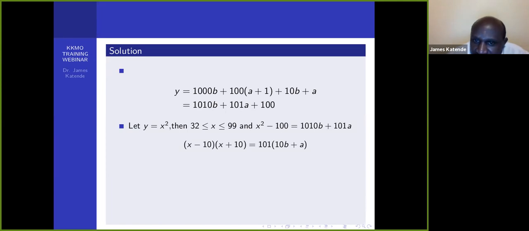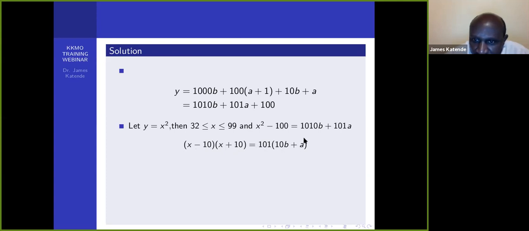If you bring 100 to the right hand side, you'll have y minus 100, which is the same as x squared minus 100, which is equal to 1010b plus 101a. You can split this as a difference of two squares. You can factor it out like this as x minus 10, x plus 10.